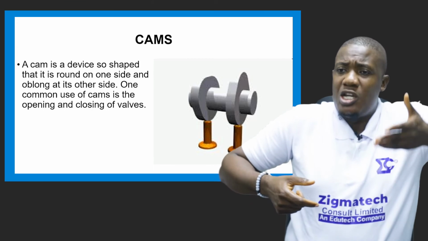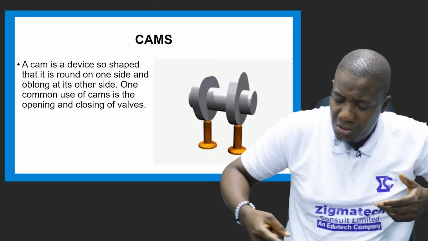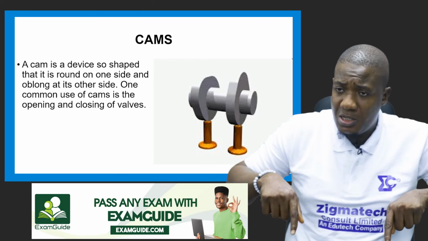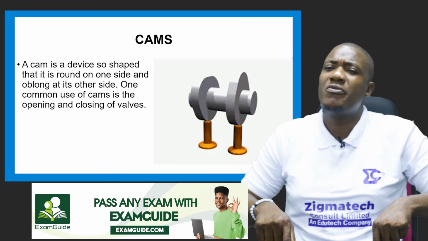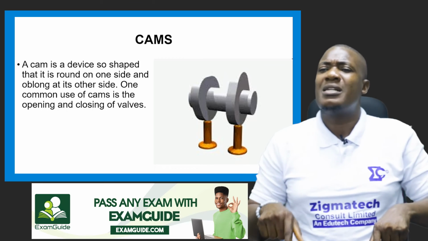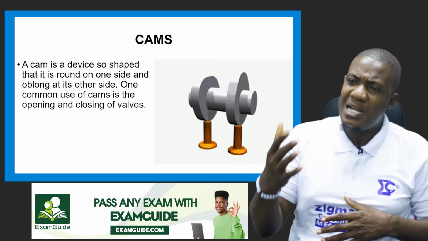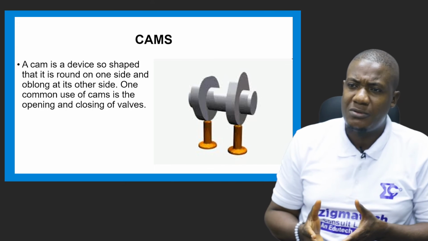As it turns again, it moves up. As it keeps rotating, its rotation on the pin causes the pin to move downwards. Now, in a normal car system, this pin can be called the valve.